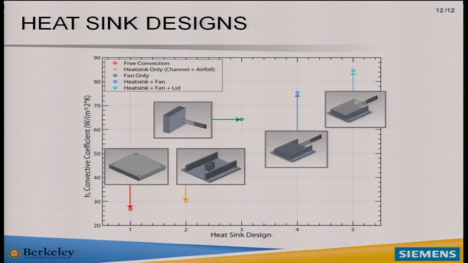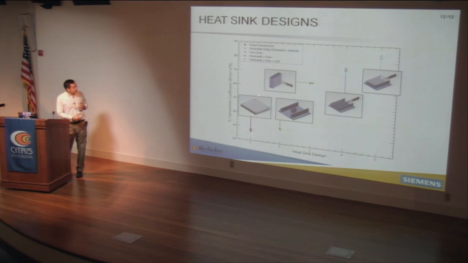So this is sort of where we are now. In this graph, we have the convective coefficient, and these various points are measured values off a couple of designs we've iterated through, thinking of ways we can focus the flow on the heated surface itself and not lose it off to the side or the top. Around here, this is just a heated block with free convection.